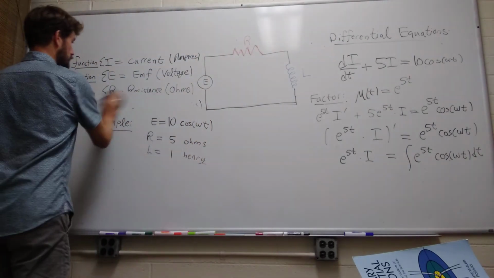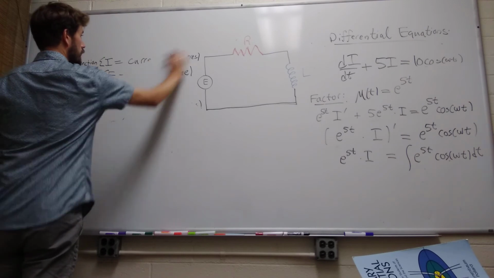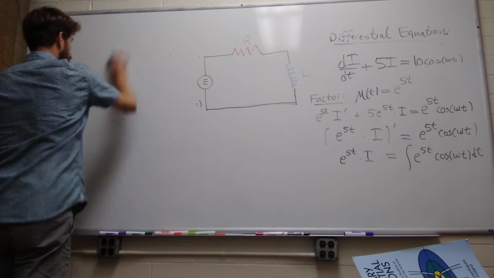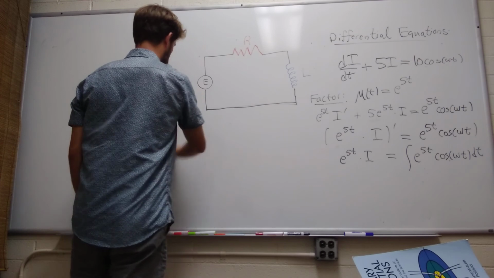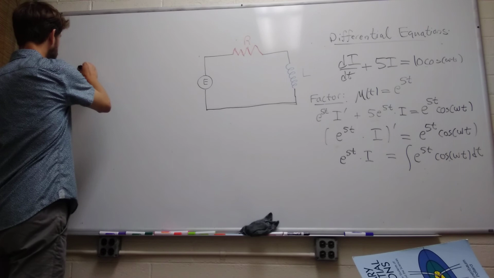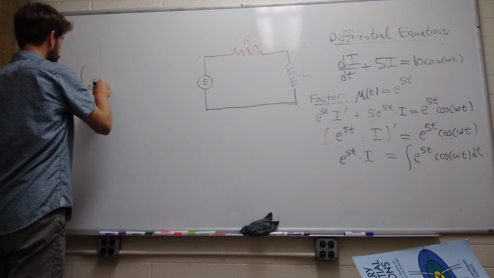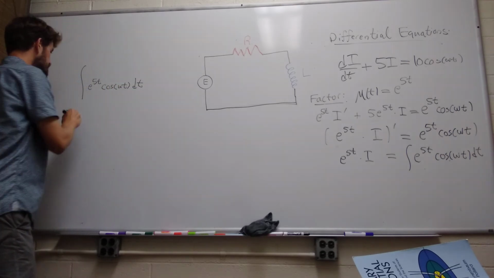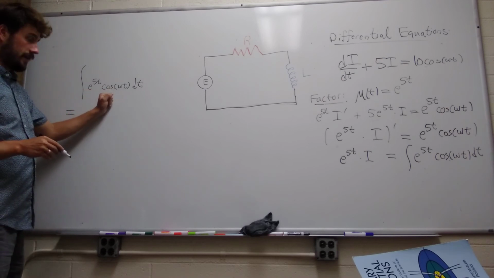So to do integration by parts, we need to take the derivative off of one factor and put it on another factor.